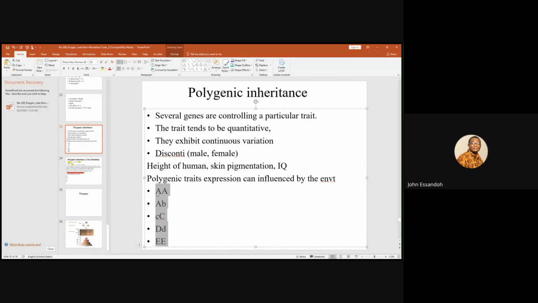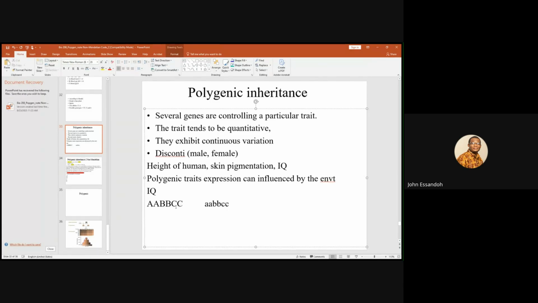So if I take something like IQ, and then let's say if you have capital A, capital B, capital C, like that, it means these are all dominant alleles. It means you are very brilliant. And then the recessive ones are small a, small b, small c.